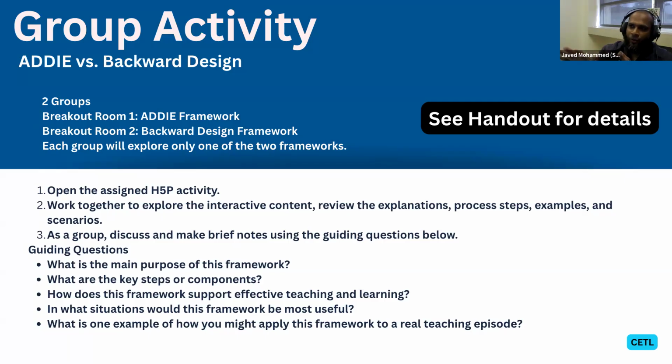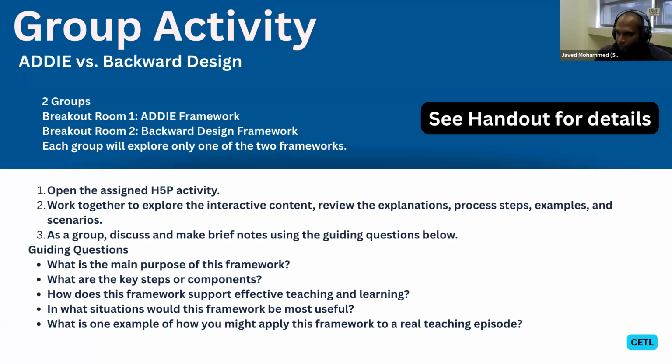Right. So at the top of that document, somewhere you're going to see the first activity. Correct? We're going to have two breakout rooms, breakout room 1 and breakout room 2. Breakout room 1, you're going to take the ADDIE framework. Breakout room 2, you're going to take the backward design framework.